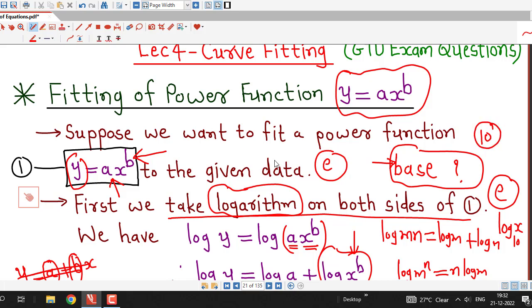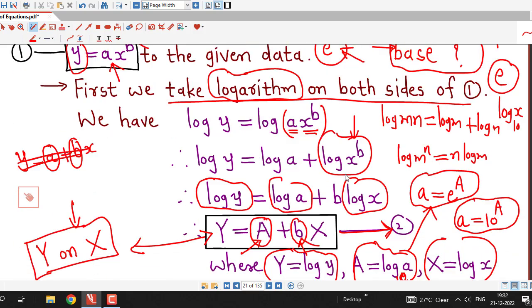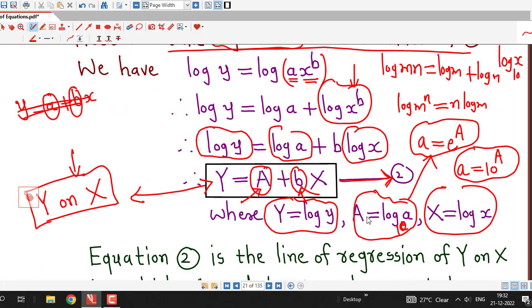So there is no restriction for taking logarithm of the given equation, and there is no restriction on the base of the logarithm. But whatever base you are taking, you must remember that you have taken logarithm to this base, so that when you want to find out this small a, you can consider the appropriate base.